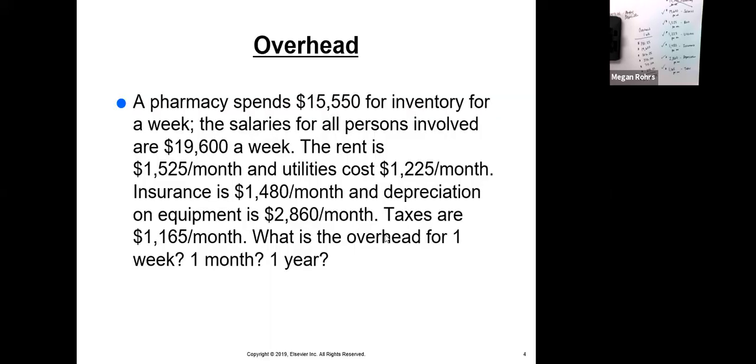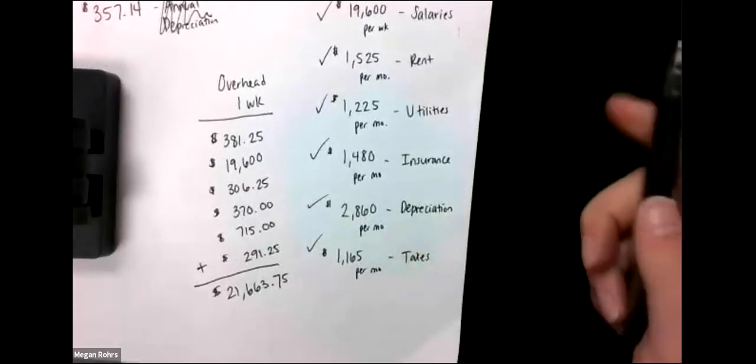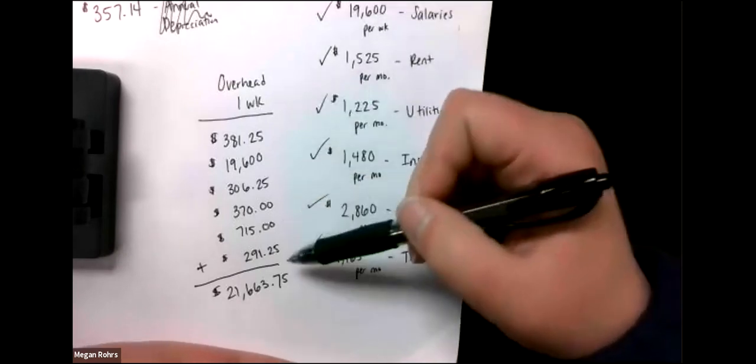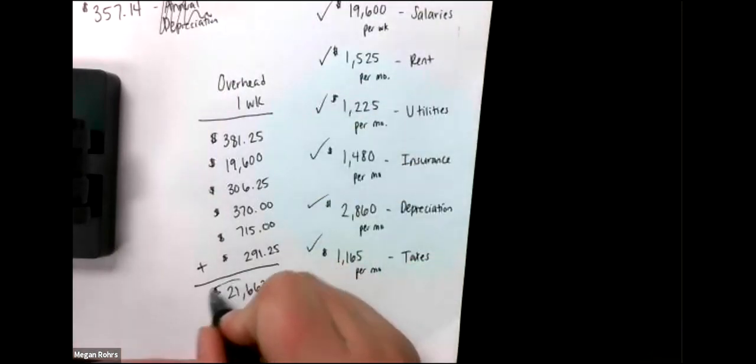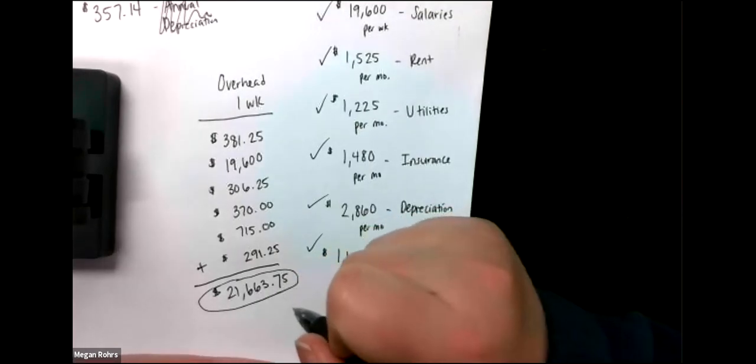Now it says, what is the overhead for 1 month and then per year? Okay, so we already have the weekly overhead. So instead of taking the time to add all these up per month again, what we can do with this number, this was our weekly rate. I just said that there are 4 weeks in a month.